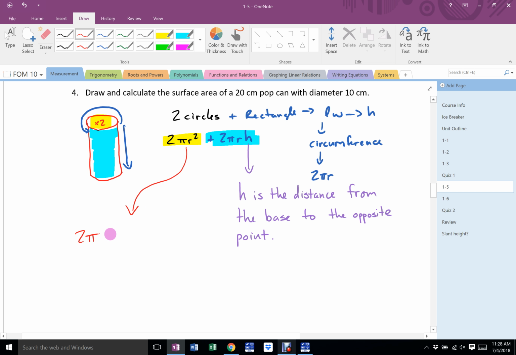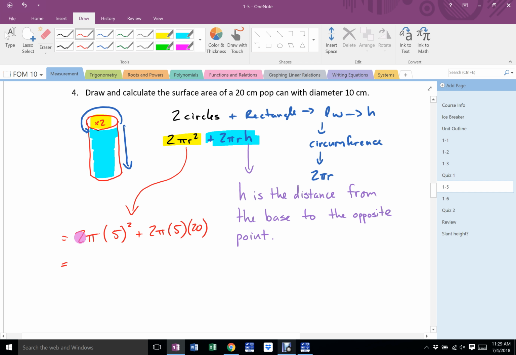2 pi, what's my r? 5 squared plus 2 pi times 5, and what's my h? 20. Now, since we're in the 10th grade and we are going further in math, are we going to deal with this pi or are we going to leave it as pi? We are going to leave it as pi. So, what is 5 squared? 25.